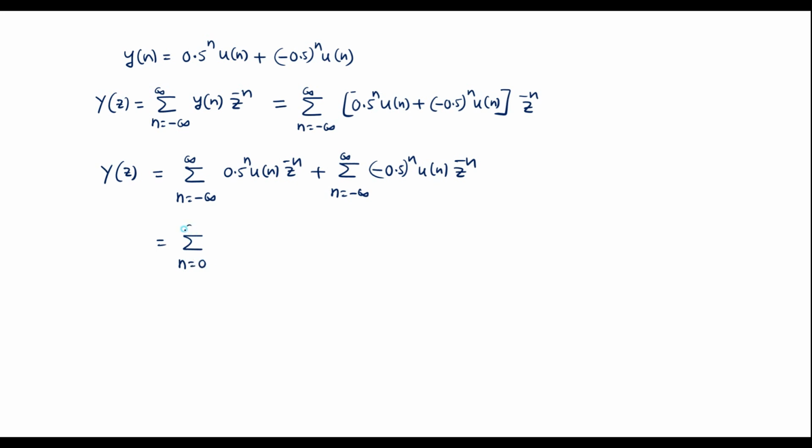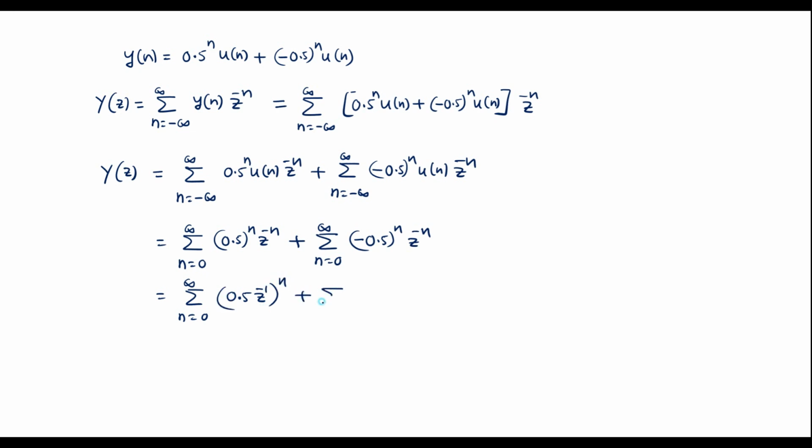So n is equal to 0 to infinity 0.5 power n z power minus n, plus similarly here also n is equal to 0 to infinity minus 0.5 power n z power minus n, or I can write it as summation n is equal to 0 to infinity 0.5 z inverse power n, plus here also n is equal to 0 to infinity minus 0.5 z inverse raised to n.